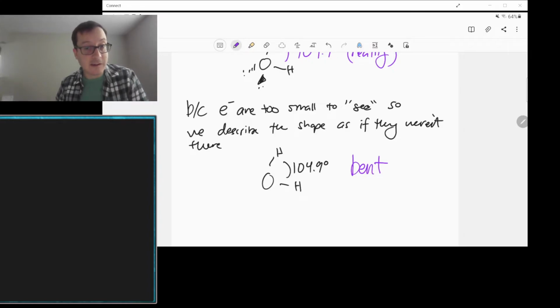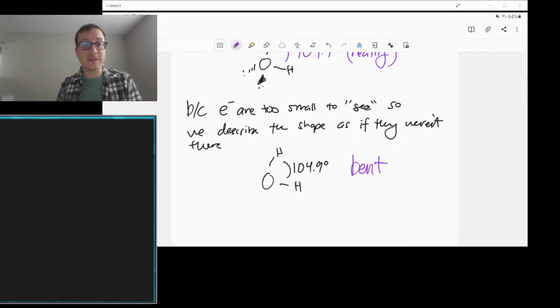You might expect it to be linear, right? But it's not, because we have a bond angle of 104.9. So the lone pairs still have an effect on the shape, but if we look at what shape the atoms make, it's a bent shape. The atoms themselves do not make a tetrahedral shape, though if we include the lone pairs in that shape, that would be tetrahedral.